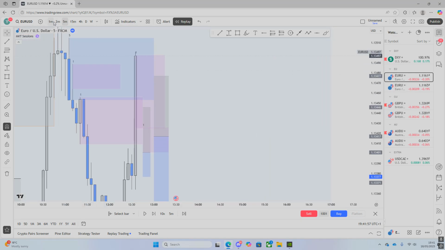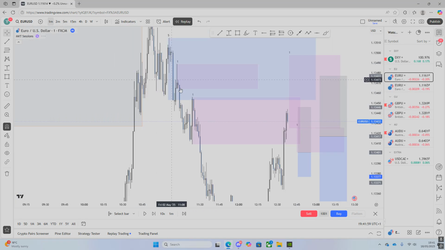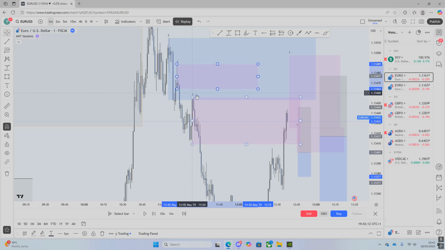This 1 minute. If price touched that and gave me a 1 minute POI like this, I can enter using this. But because price never touched this, I have to wait for 2 1 minute POIs. I have one of them here.